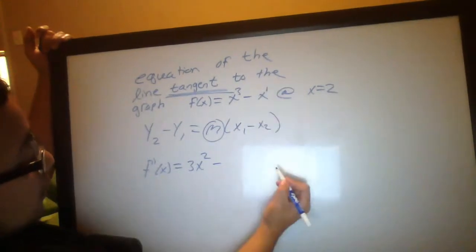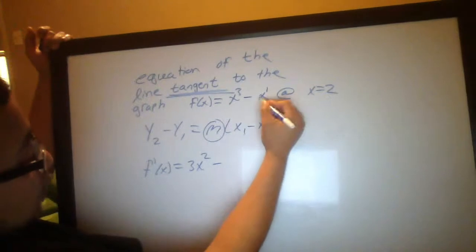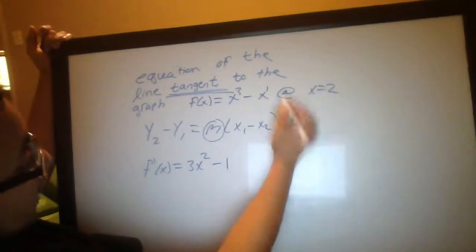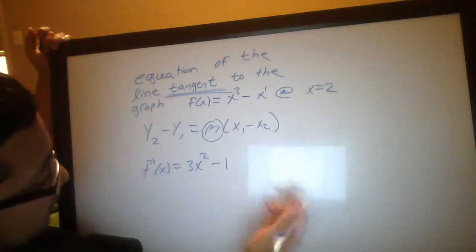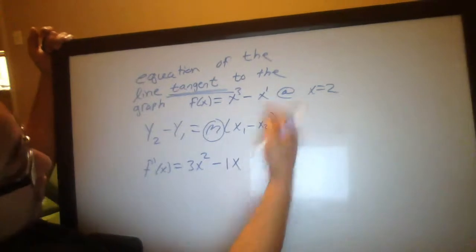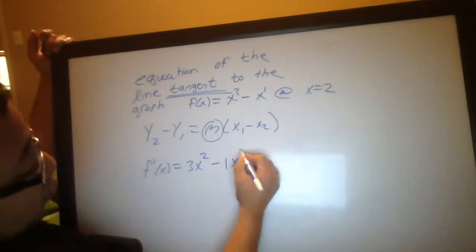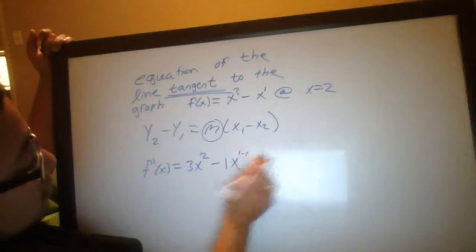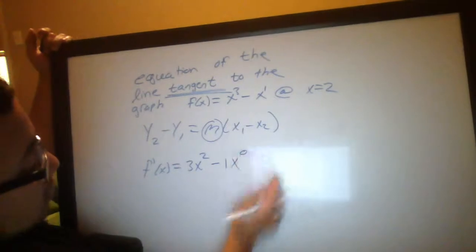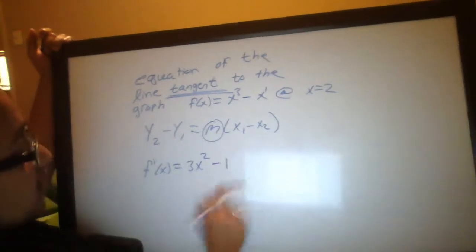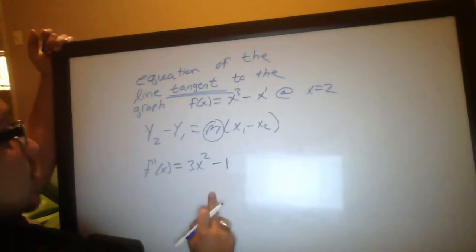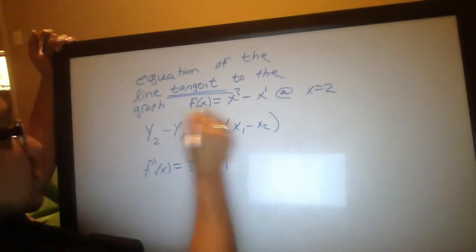So 1 times 1 is 1, x to the power 1 minus 1, which is 0. Anything to the power of 0 is 1, so we just have a 1 left. That's the derivative of this equation.